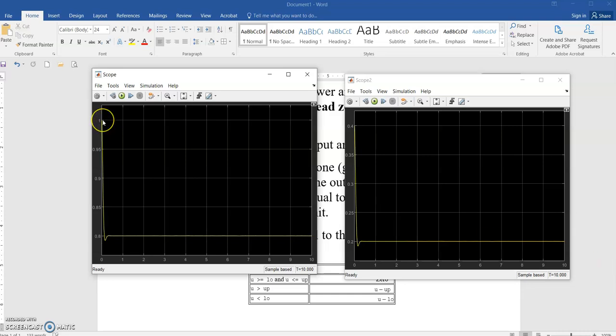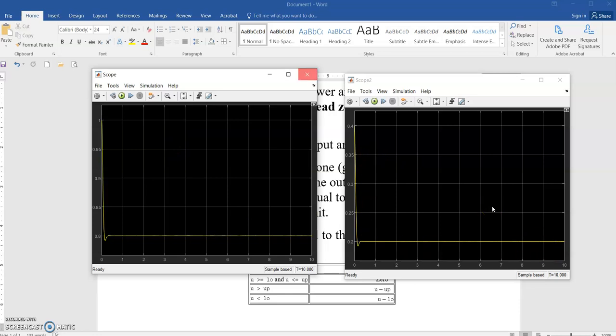So the limit has been set 0.6, so it is above 0.6. So 1 minus 0.6 is 0.4. It is 0.8. The limit has been set to high value was 0.6. So 1 minus 0.8 is 0.2. So this is the 0.2. So this is the effect of dead zone in this signal.